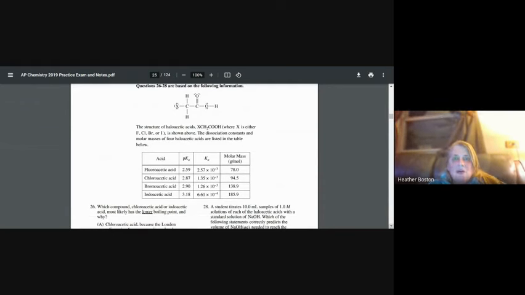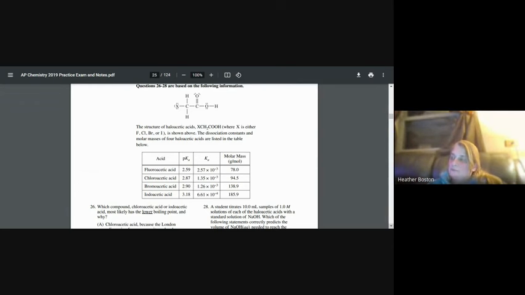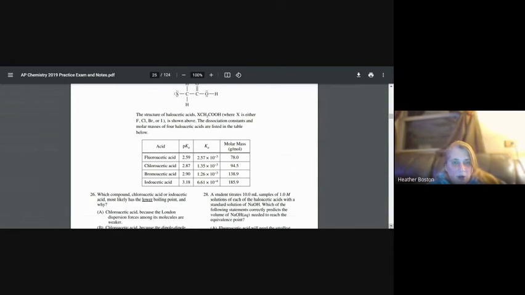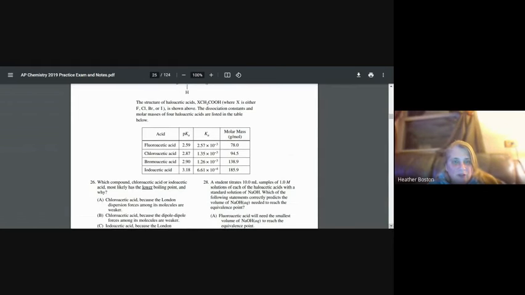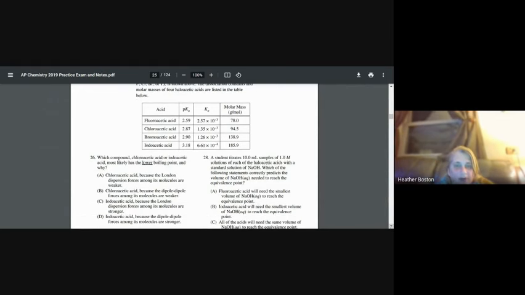Okay, haloacetic acid. You have an acetate ion that is attached to a halogen, which is fluorine, chlorine, bromine, or iodine. Which compound, chloroacetic acid or iodoacetic acid, is more likely to have the lower boiling point?